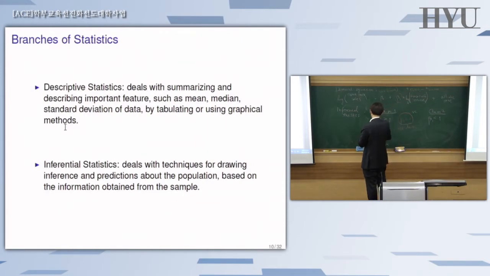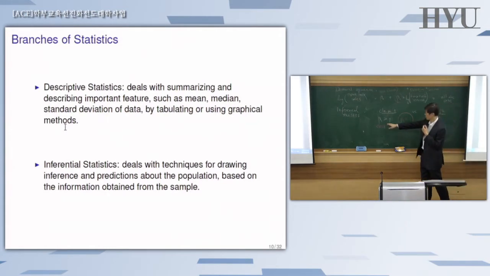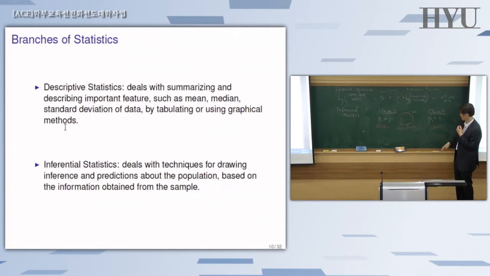But if it's bigger than 1, we say that the demand is elastic. And the opposite case, if it's less than 1, we call that an inelastic demand. So if the demand turns out to be elastic, with the estimated value for beta 1 bigger than 1, you have to respond quickly because the change in demand is going to be huge.